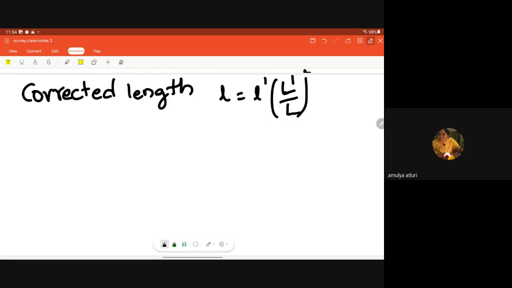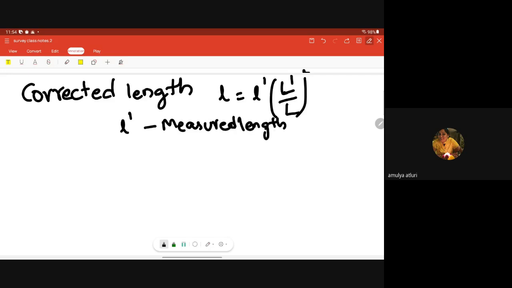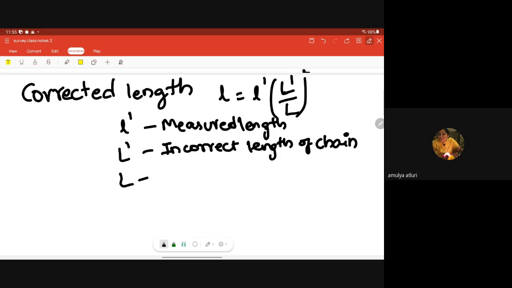So what is this terminology? L dash is nothing but the measured length. Capital L dash is the incorrect length of chain. L is the true or designated length of chain.